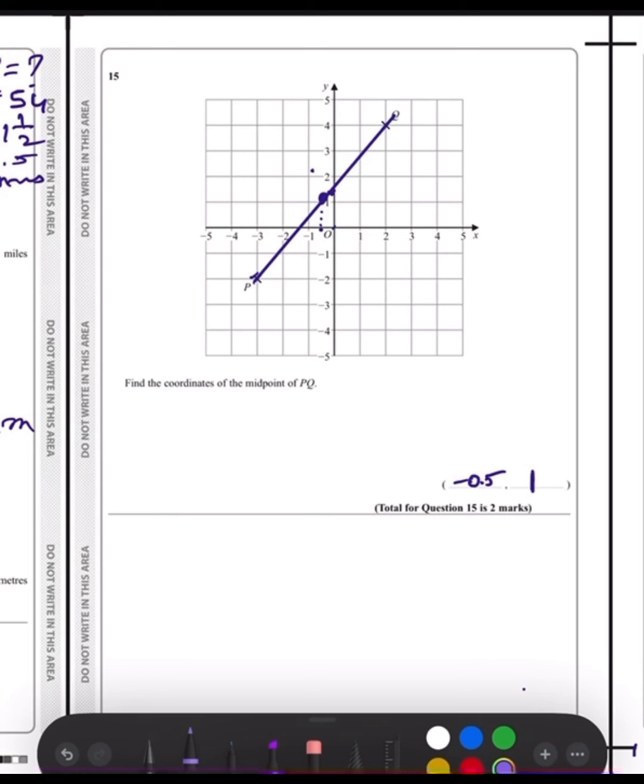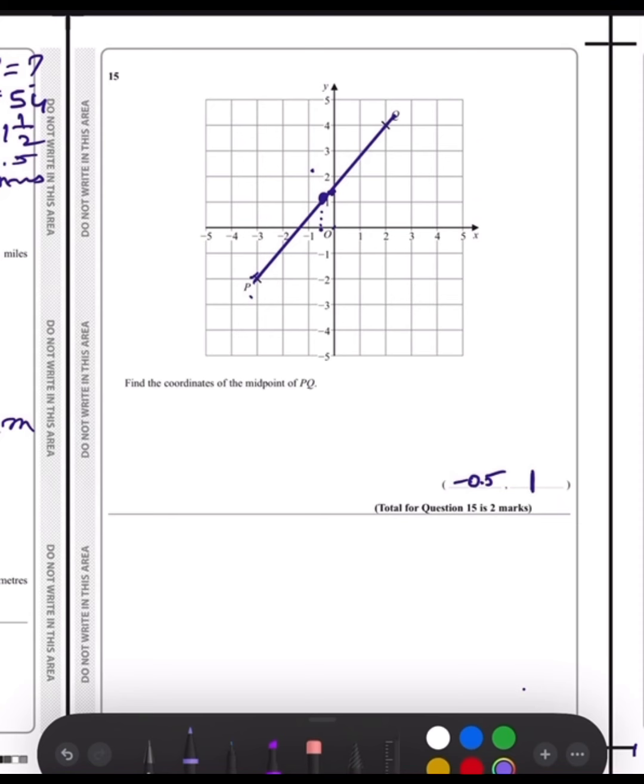So the first mark would be for knowing that it wouldn't be simply 0, 0 or any other coordinate. First step, we have to join these points with the scale to get an accurate result. Now we know by common sense that we need a middle point.